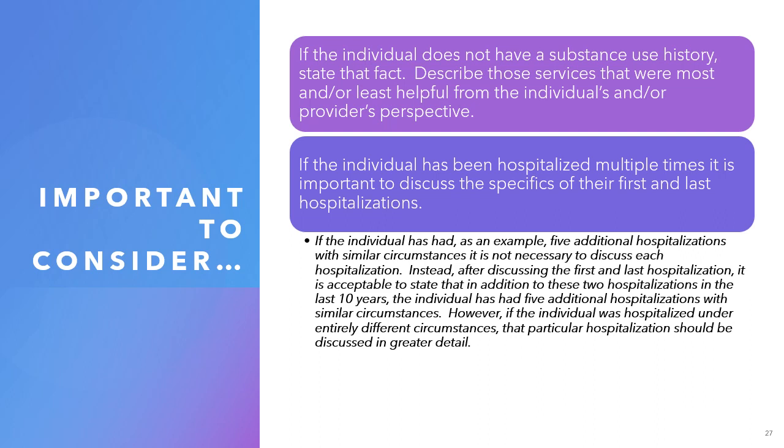Instead, after discussing the first and last hospitalization, it is acceptable to state that in addition to these 2 hospitalizations in the last 10 years, the individual has had 5 additional hospitalizations with similar circumstances. However, if the individual was hospitalized under entirely different circumstances, that particular hospitalization should be discussed in greater detail.